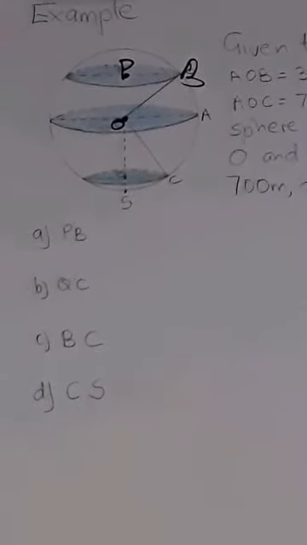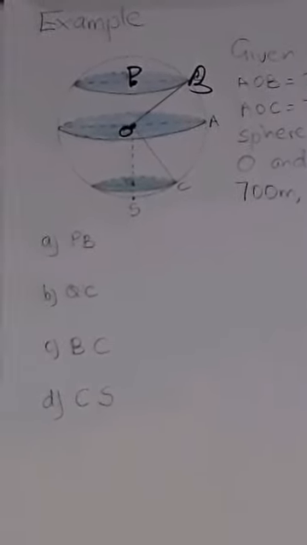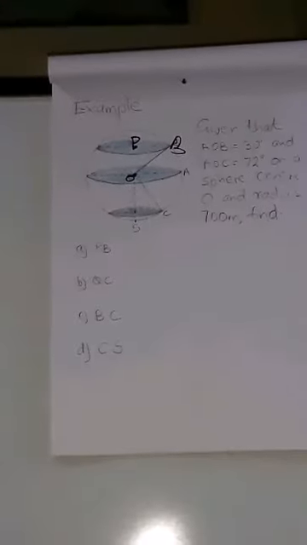PB is the radius of a small circle, isn't it? And we have said that this angle here is the same as this angle there. So we can extract a right angle triangle there. This is where the right angle is.